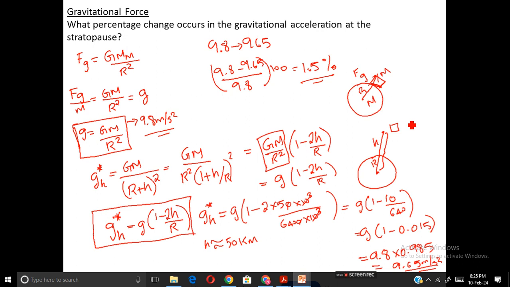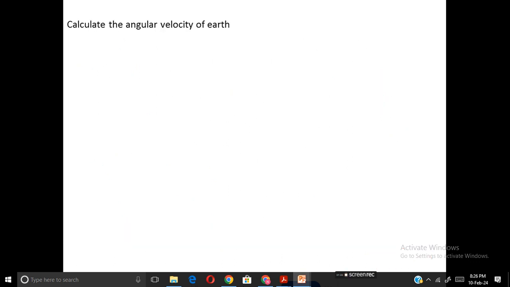To see a significant change, the height the object is moving should be comparable to the radius of the Earth. So for satellite motions, or objects very far from the atmosphere, this variation of acceleration due to gravity comes into play. In the atmosphere, we keep it constant because the variation is very small. I hope you got it.